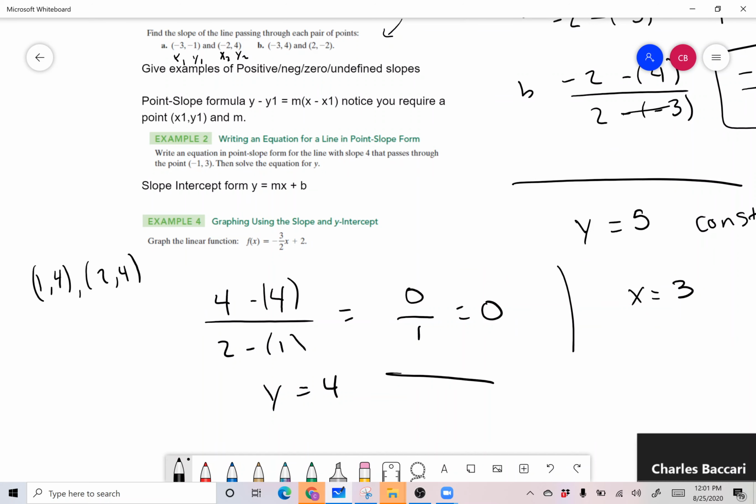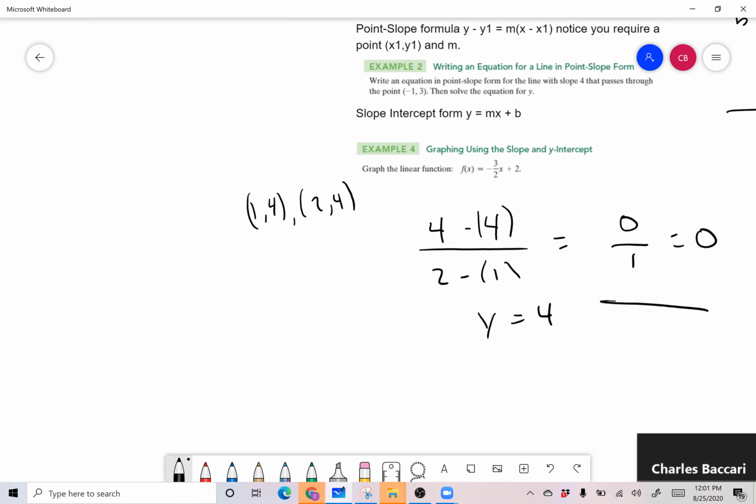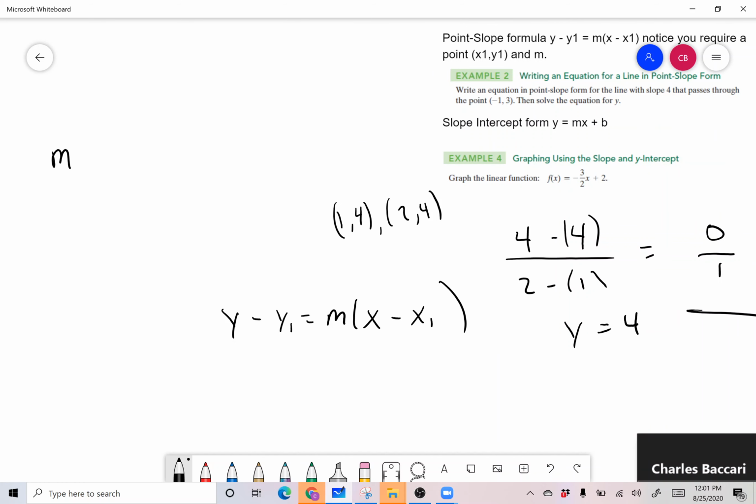There is another formula. So we have y minus y1 equals m times (x minus x1). This formula comes directly from m is equal to y2 minus y1 over x2 minus x1.